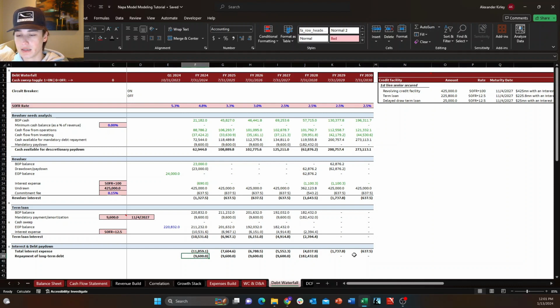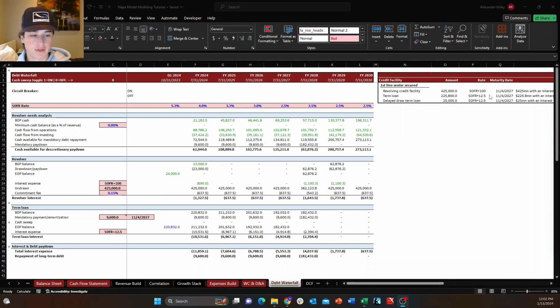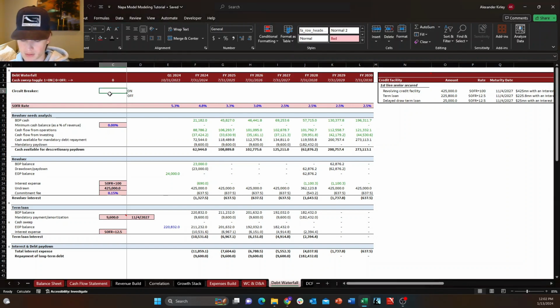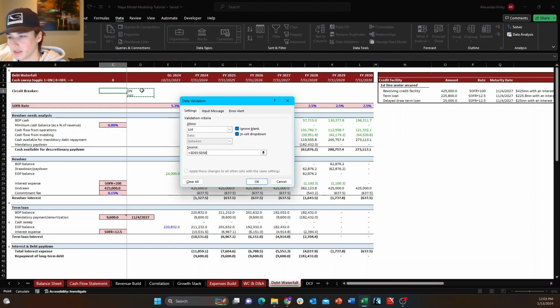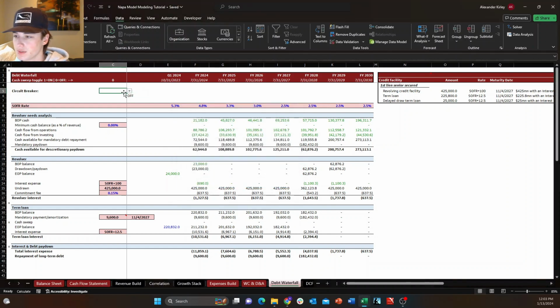So for every single line item that I may think will have a circular reference, including on my interest, my income statement, my balance sheet, and my cash flow statement, I want to connect back to my circuit breaker. My first step is to create a button here. So Alt-AVV, any value I want, go to list, and my source is going to be here to here. So now I want my circuit breaker on or I want it off. You get the point.